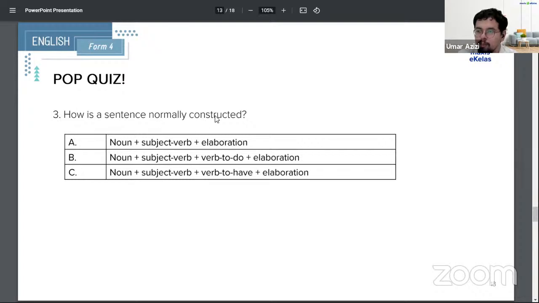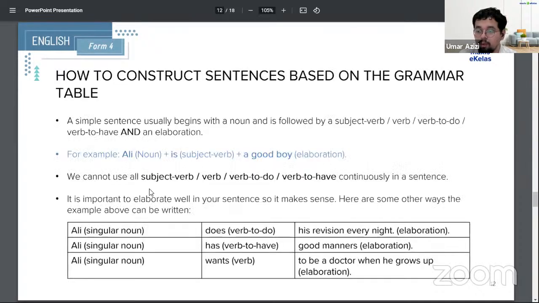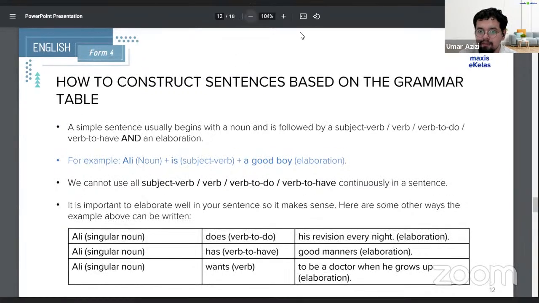How is a sentence normally constructed? A, B, or C? Quick revision. Usual examples are like this. Okay, never mind that. What do you think the answer is?